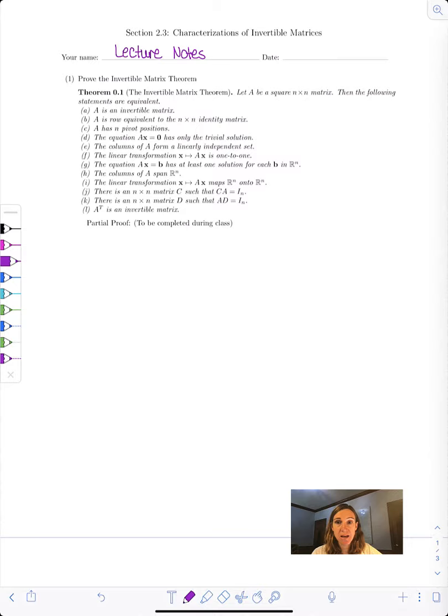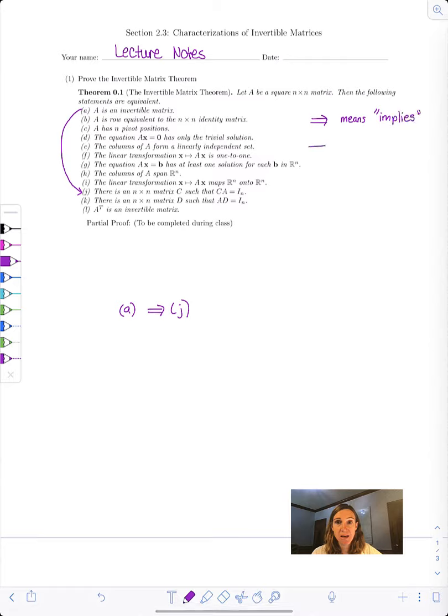And so we start out with the notion that part A implies part J. So this is saying that if A is an invertible matrix, then there exists an n by n matrix C such that C times A equals the identity. So when we write this arrow, that means implies.